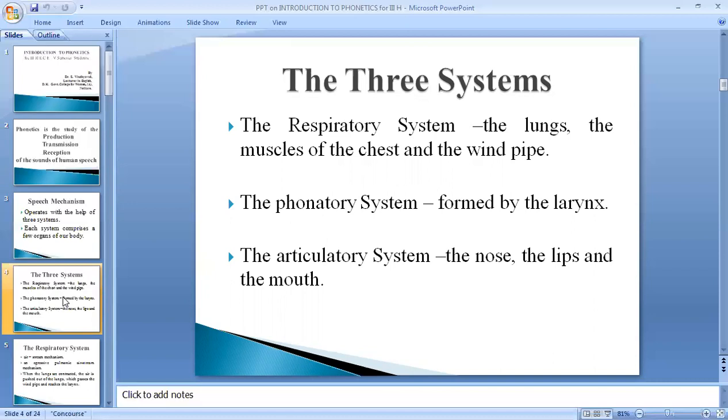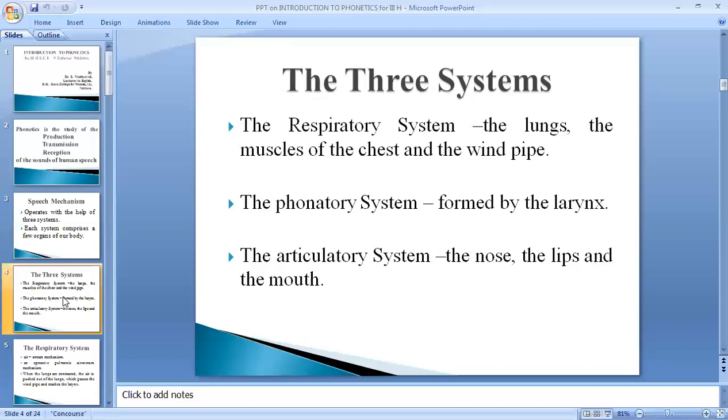What parts are used in the respiratory system? We will discuss now. The respiratory system operates with the lungs, the muscles of the chest, and the windpipe. The phonatory system is formed by the larynx. The articulatory system consists of the nose, the lips, and the mouth.